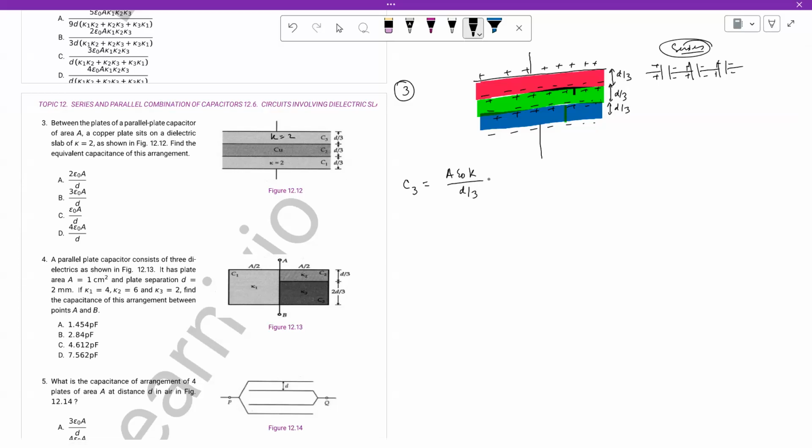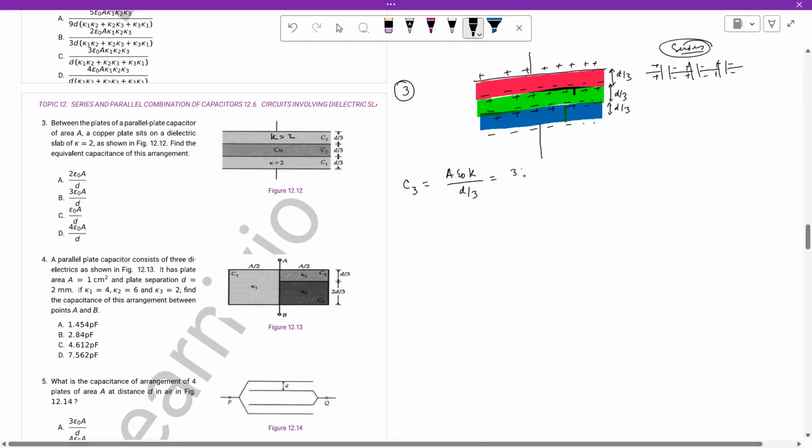This would be 3A epsilon naught K by d. This is C3. C2 would be A epsilon naught and K of copper, divided by d by 3.